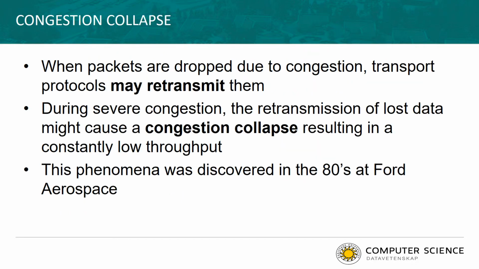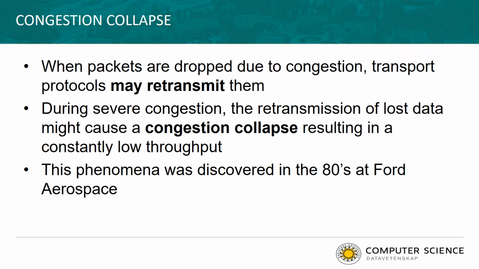So if congestion occurs in the network and packets are dropped, what happens at the transport layer? Well, if we are providing a reliable transport, then the transport layer will retransmit the lost packets. And if we have a severe congestion where many packets are lost, all the senders will continuously retransmit these packets. And if this is done without taking care of the congestion, then we may end up in what is called congestion collapse.